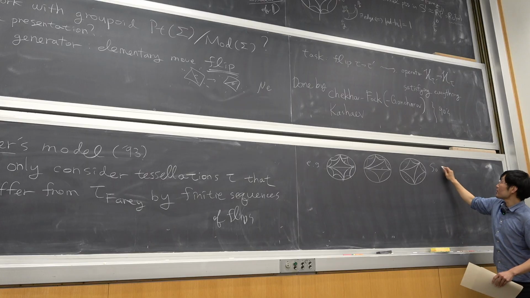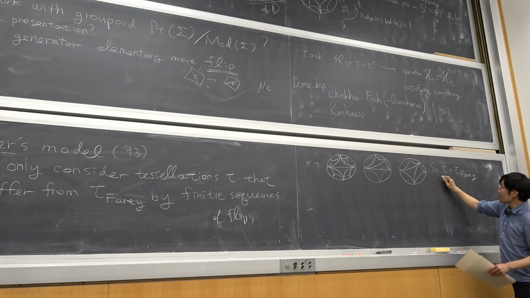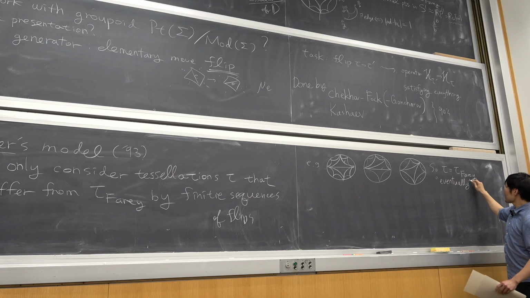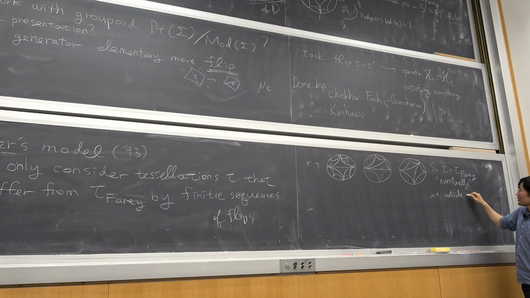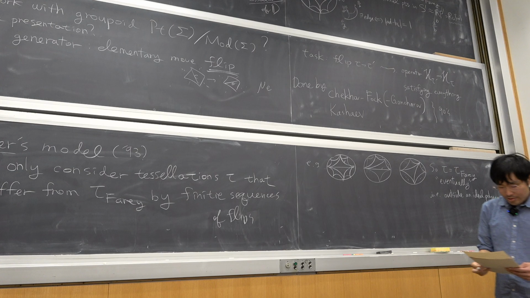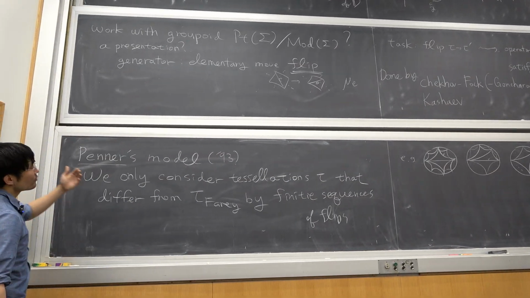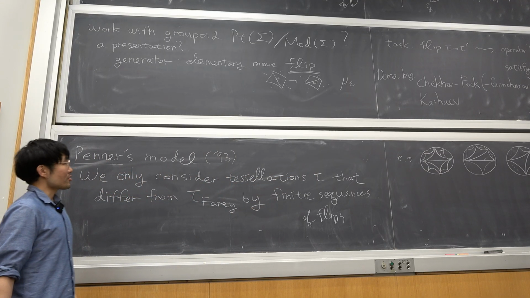So these guys are equal to Farey eventually, meaning that outside an ideal polygon, it's the same as Farey, and I'm only going to deal with those tessellations. And we'll be making a groupoid out of such tessellations.